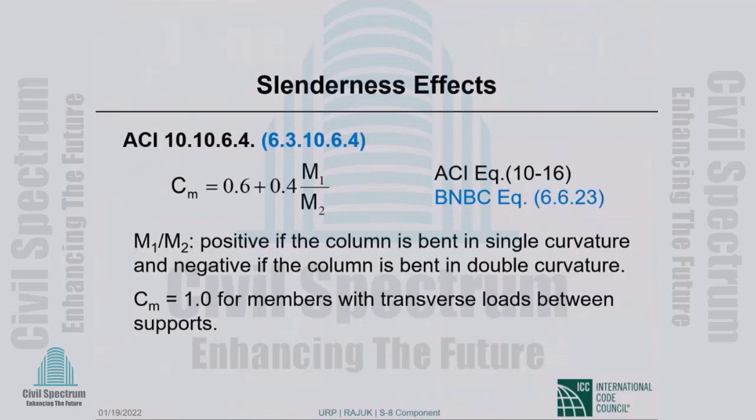M sub 2 is the larger of the end moments. M sub 1 over M sub 2, the ratio, once again, is positive if the column is bent in single curvature. It is negative if the column is bent in double curvature. That is going to be important. So if the column is bent in double curvature, this number will be small. If the column is bent in single curvature, this number will be larger. C sub m is 1 for members with transverse loads between supports.